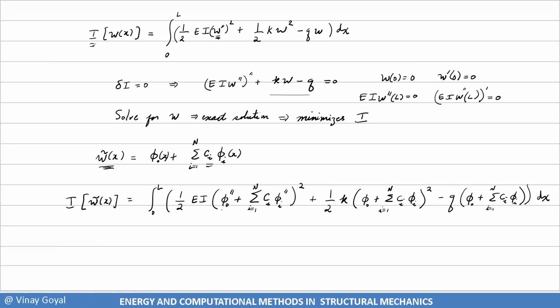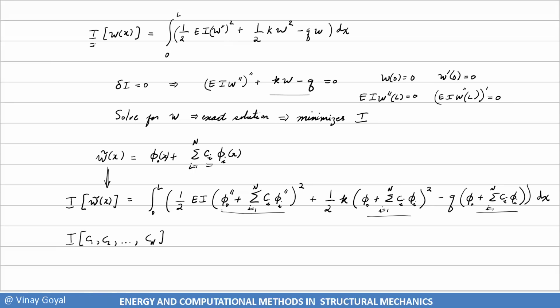Don't you agree that when I plug in this approximation function W in here, and I substitute anywhere I see W, I put in W tilde. So I put that whole thing in there. Don't you agree now that the function I now depends on C1, C2, Cn?